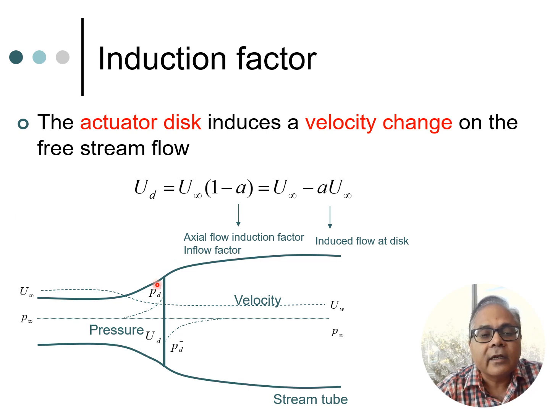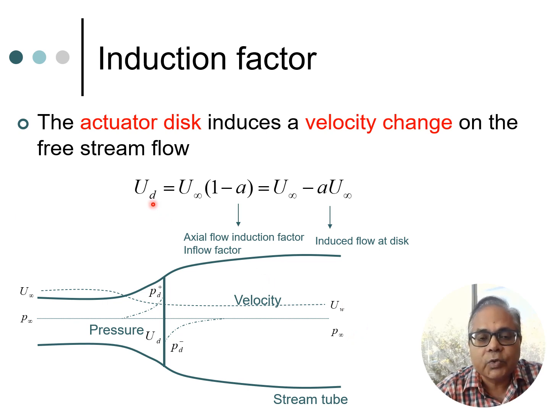So again, let us look at the actuated disk here. So like I mentioned in the previous lecture, your velocity in front is u infinity. It decreases at the actuated disk, and further down it decreases to a lower value uw. So essentially in front it is u infinity, it becomes ud at the actuated disk, and far downstream it is uw.